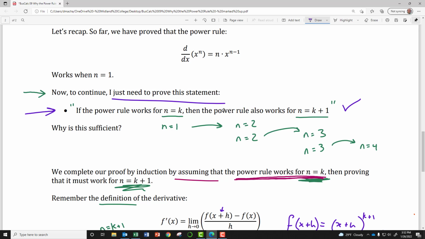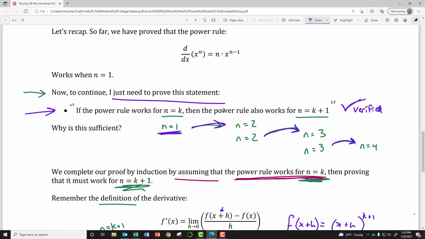And like I explained earlier, because we know it works for n is equal to 1, and we know that this statement is now true, this one is totally verified, this n equals 1 success implies the success of the power rule for n is equal to 2. And that then implies the success of the power rule for n is equal to 3, which implies the success of the power rule for n is equal to 4.